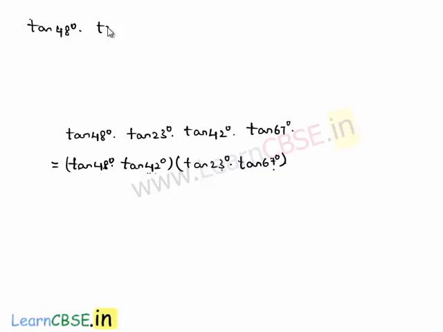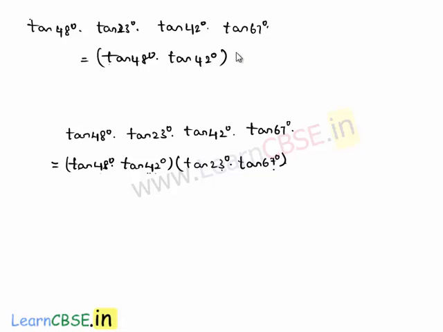into tan 23 degrees into tan 42 degrees into tan 67 degrees, which is equal to tan 48 degrees into tan 42 degrees, which we wrote together, into tan 23 degrees into tan 67 degrees, which will be equal to, this whole value will be equal to 1 from the above derivation, and this whole value will be equal to 1 from above derivation.